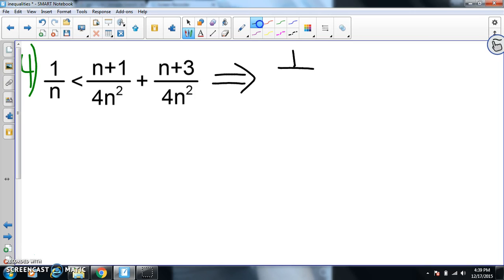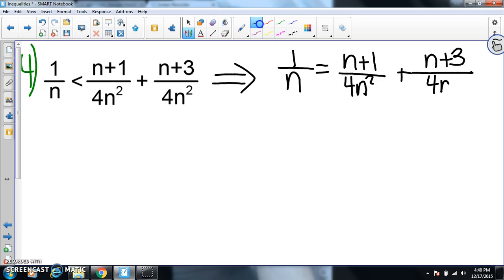So 1 over n is equal to (n plus 1) over 4n squared plus (n plus 3) over 4n squared. So now I'm going to solve this just like I was solving rational equations. I first need to find my LCD because I'm going to multiply my LCD to the numerator of each term to cancel out my denominator.